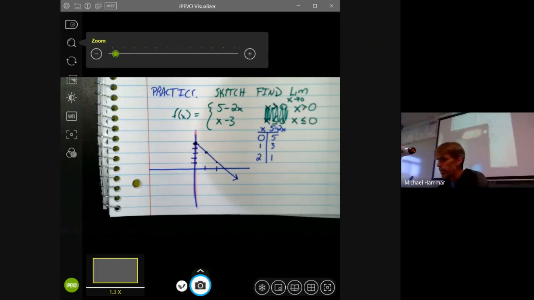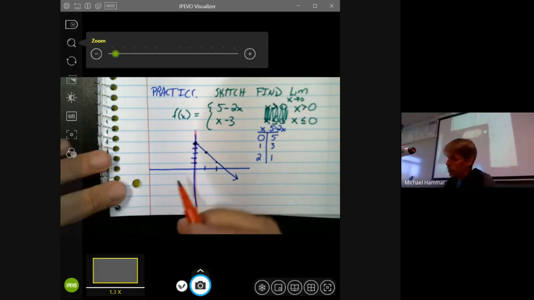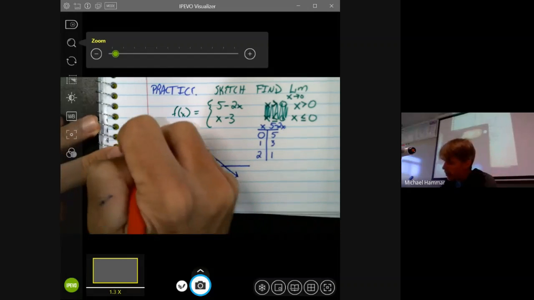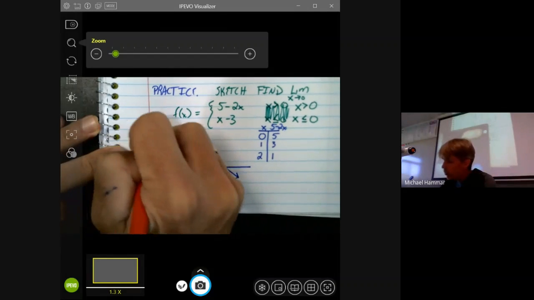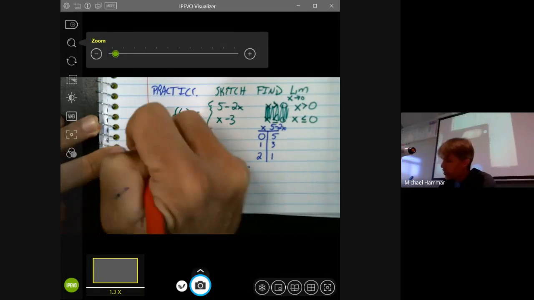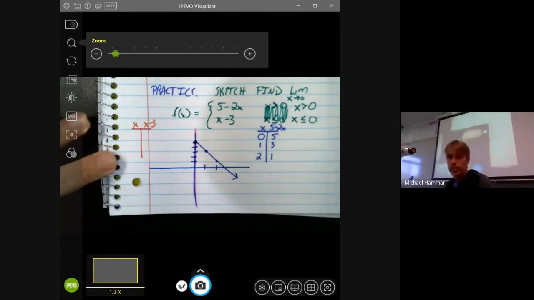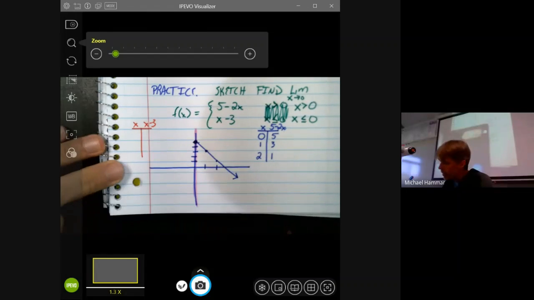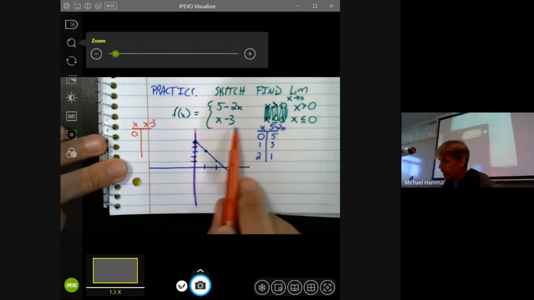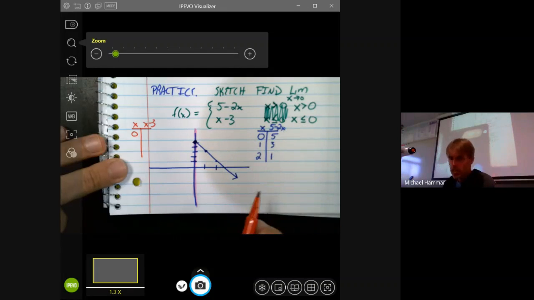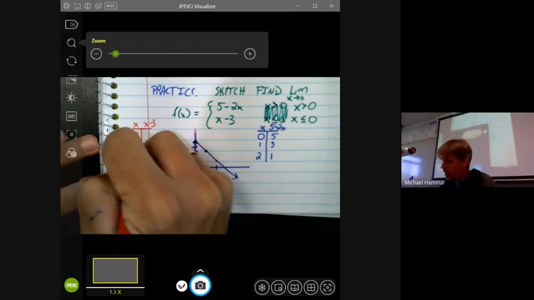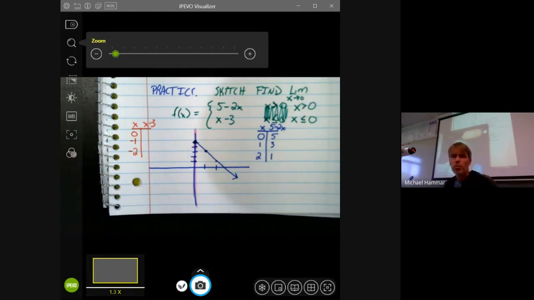Now, what about the other side? Well, the other side has a different equation. The different equation is x minus 3. So I'm going to pick 0, but then I also have to pick numbers less than 0. So I'm going to do -1 and -2. I'm only doing 3 points because I know this is also a line.